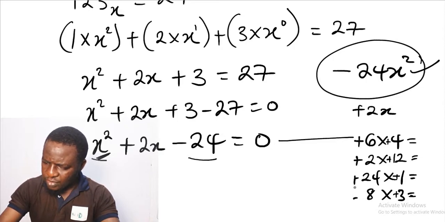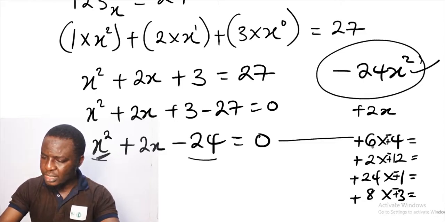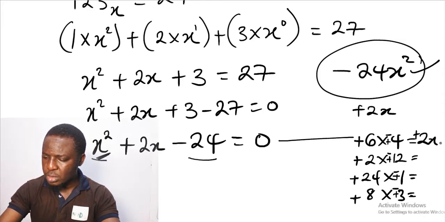Let the first ones now become positive and the last ones become negative, and see if it will give us what we want. Plus 6 minus 4 will give you plus 2x. While plus 2 minus 12 will give you minus 10. While this is plus 23x, and this will give us plus 5x.